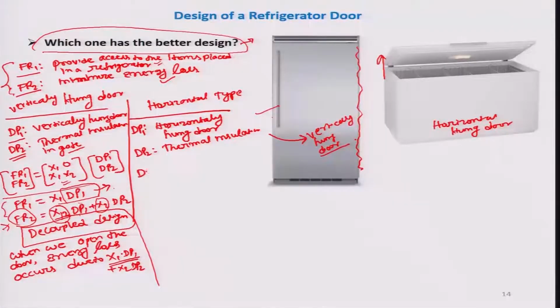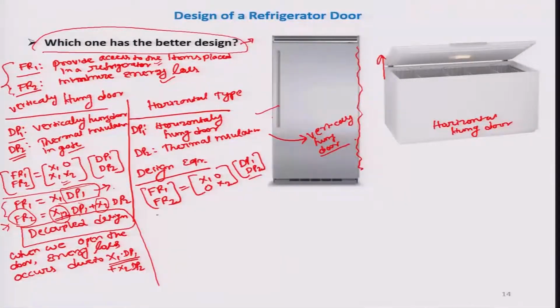So, for that, the design equation FR1, FR2 here is a diagonal matrix, and you can see that you have 2 design parameters and 2 requirements. So, that is the ideal case, and x1 and x2 are placed in diagonal form. So, it is an uncoupled one.